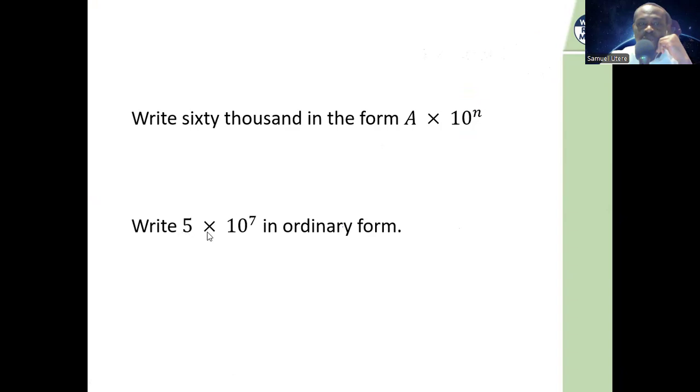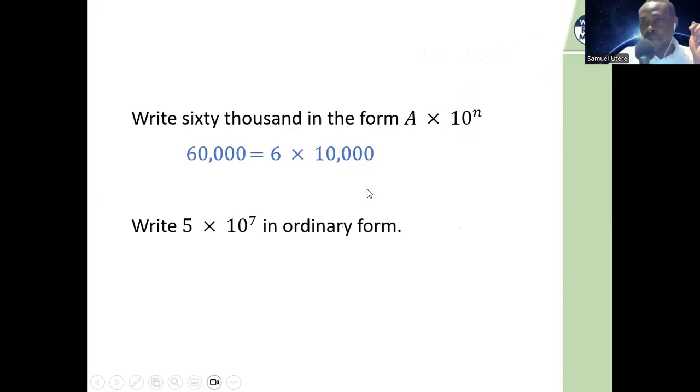But how would you write 5 times 10 to the power 7 in our ordinary form? Well, if 60,000 is 6 times 10,000, we know how to write numbers like this in standard form. We did this in our previous lesson. So if you haven't watched that video, please go and watch it before you get onto this video. So we know that this can be written as 10 to the power of 4.